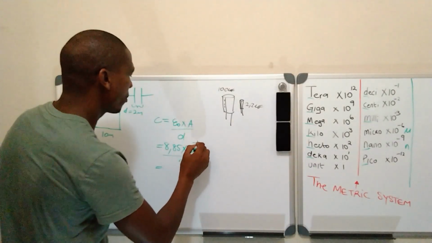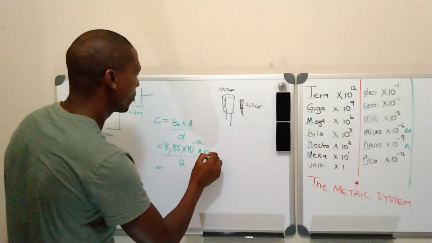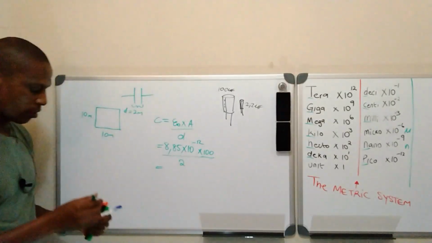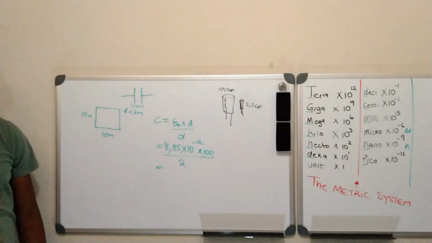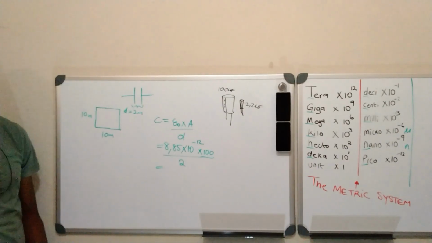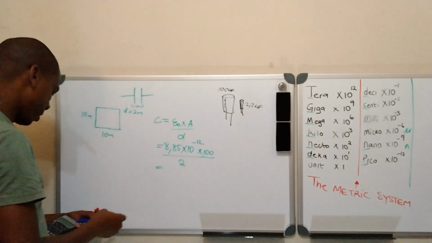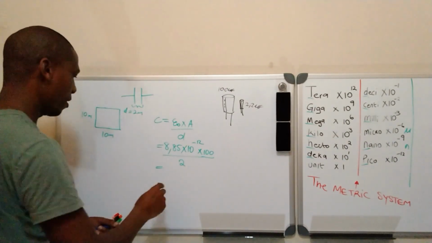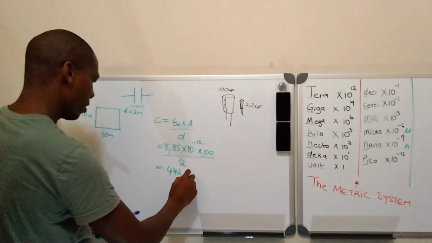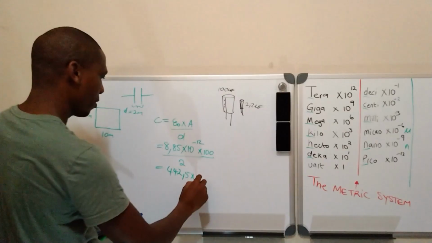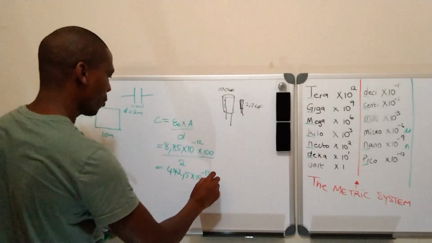It is multiplied by 10 to the power minus 12, multiplied by 100. That's how it's supposed to be, right? Sorry for that. So 8.85 times 10 to the power minus 12, multiplied by 100, all divided by 2. Now we get 442.5 multiplied by 10 to the power minus 12.